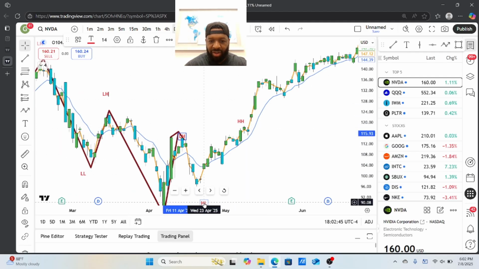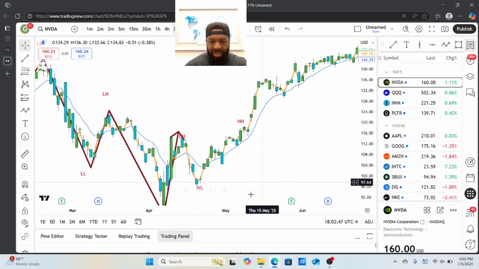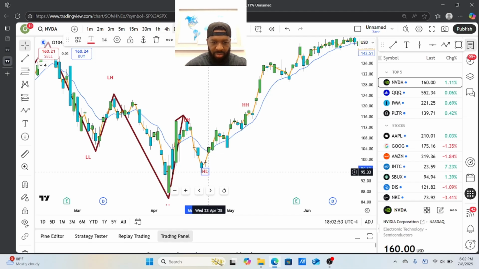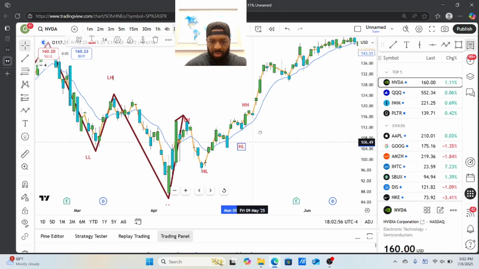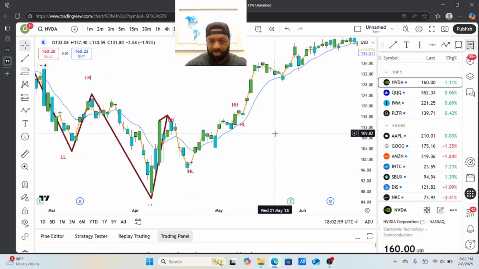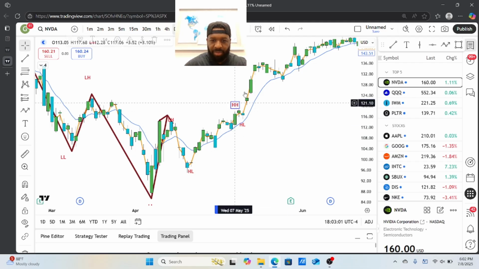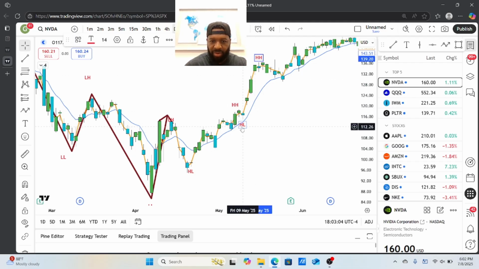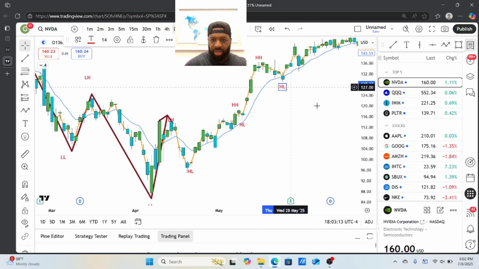So there's a higher high here, and then there is a higher low right there. Then price pushes up, creates a new higher high up here, creates a new higher low. That's not what I wanted. Higher low right there.